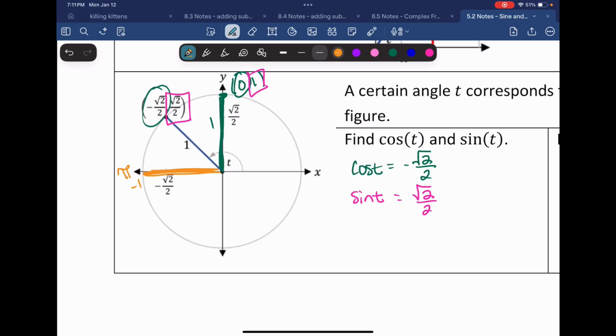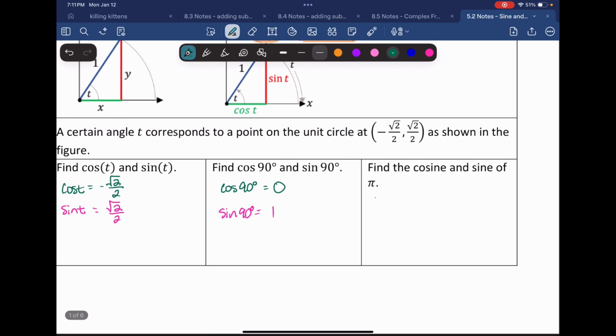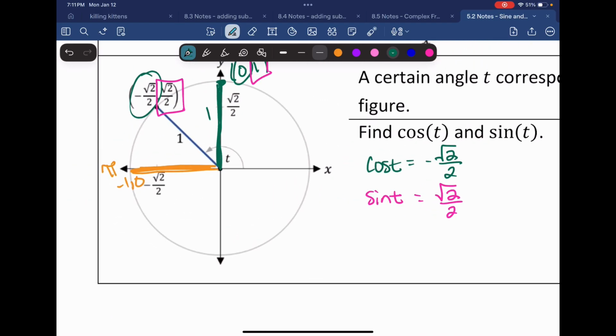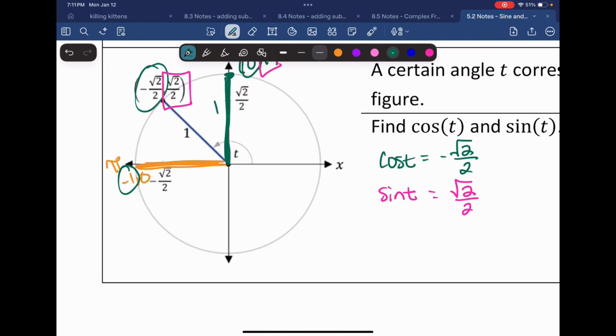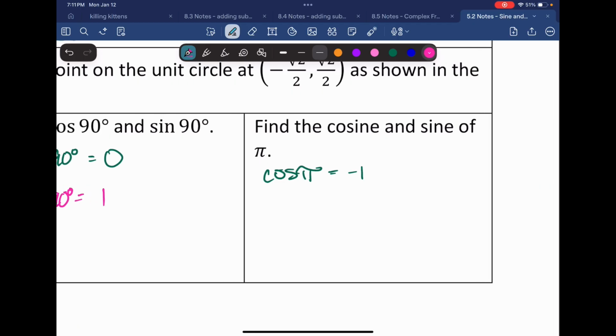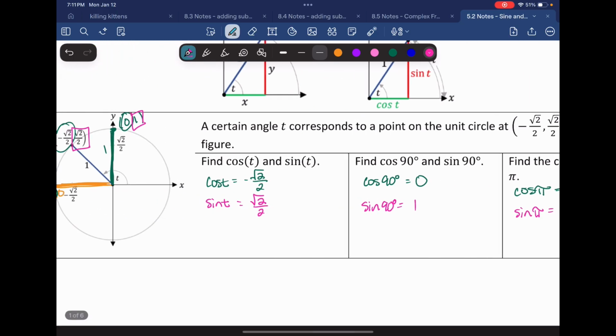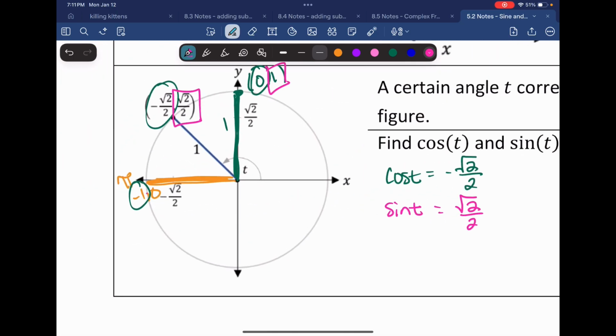And since it's on the x-axis, its y is 0. So cosine pi equals the x-coordinate for pi. That's -1. Sine pi equals the y-coordinate, which is 0.